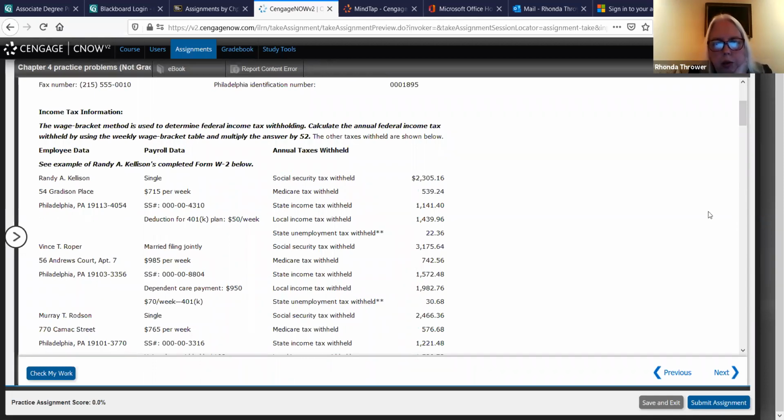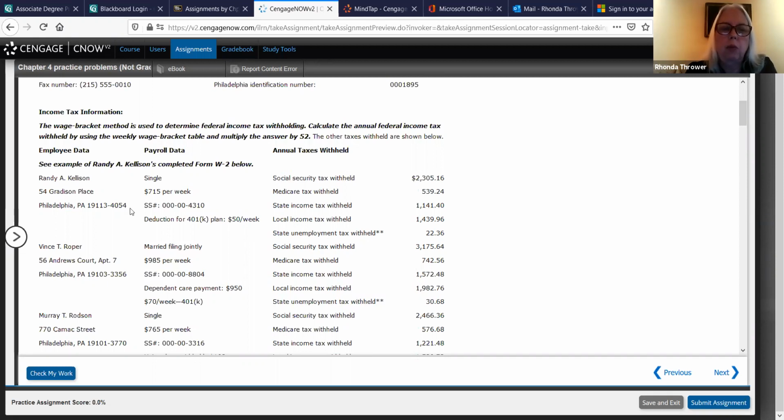And so right here, where they got the state unemployment tax withheld, is $22.36. Now, not all companies have state unemployment taxes withheld. It just depends on which state you're in as to whether or not your employees have to pay state unemployment tax.